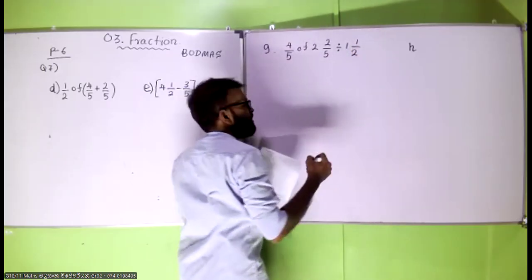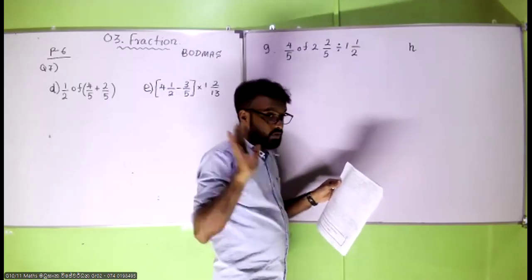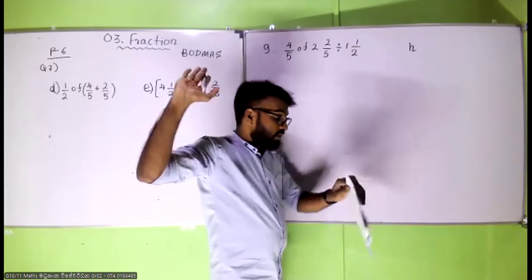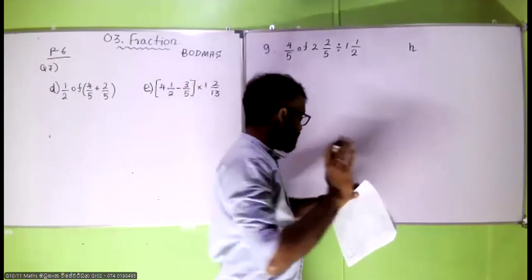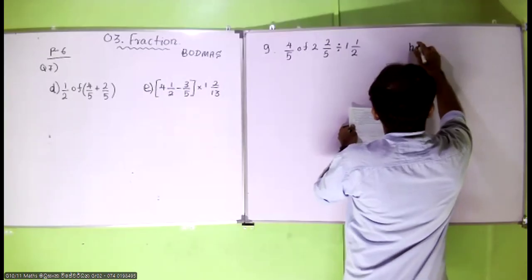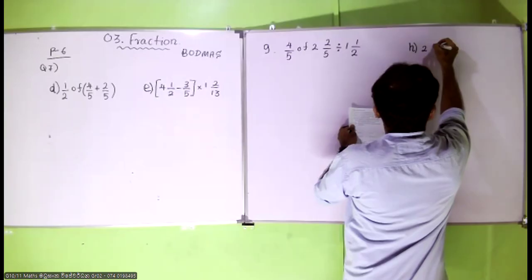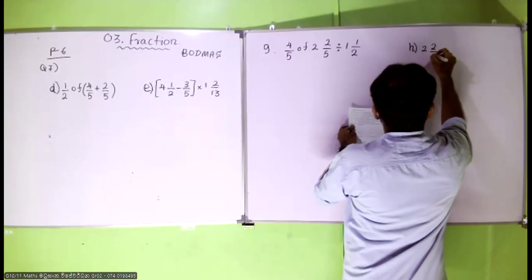Today, why I am doing these things is that still some of you are getting wrong answers for these. So you need to remove those things from your mindset. You need to get the correct concept.